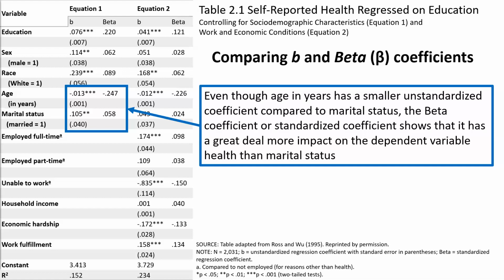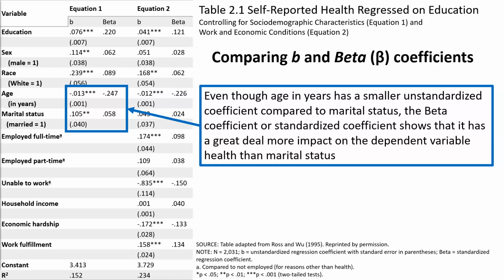The beta coefficient, or standardized coefficient, shows us that it has a great deal more impact on the dependent variable than marital status. So if you compare the beta coefficients, you see 0.247 and 0.058.